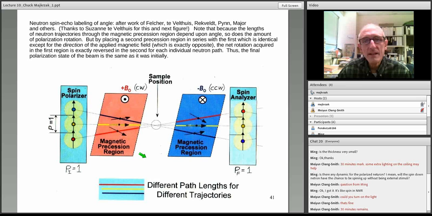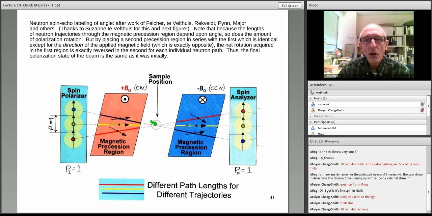So in the previous slide we discussed how the number of rotations are affected by the angle through which the beam traverses a precession field region. Well, imagine that you have a divergent beam, angles down, across, and up, coming through a precession region so that when the neutrons are rotated down to precess in this plane, when they enter this region, some will turn farther than others depending on the path length.